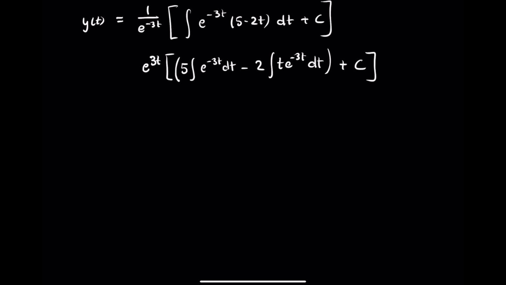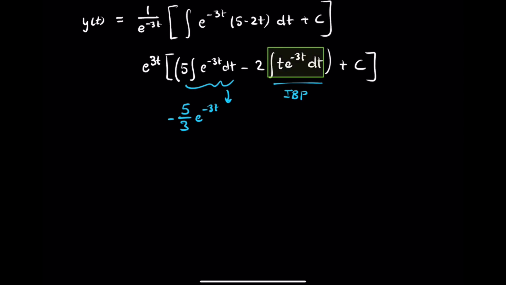So now there's a bit of a problem. It's not too big of a problem, but this needs to be done by integration by parts. The integral of the first term is 5 times minus 1/3 e to the minus 3t. But as for the second one, we're going to have to solve it.